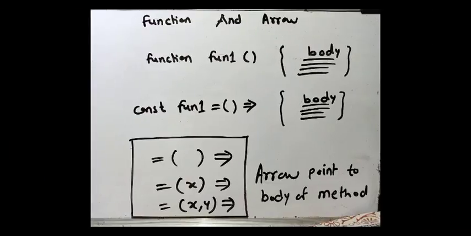Here we have a function fun1. We normally write function fun1, bracket, argument, bracket, and then curly bracket. Within the curly bracket we write the body.